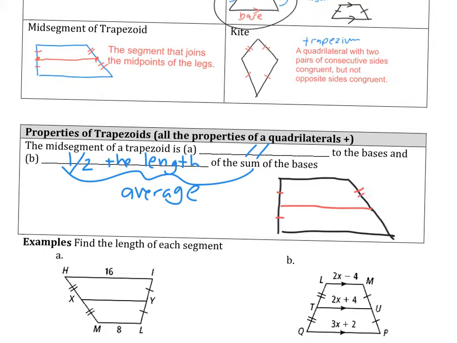So to mark this up, we know that we have parallels there. And if this base length was A and this base length was B, then this one is going to be A plus B divided by 2.